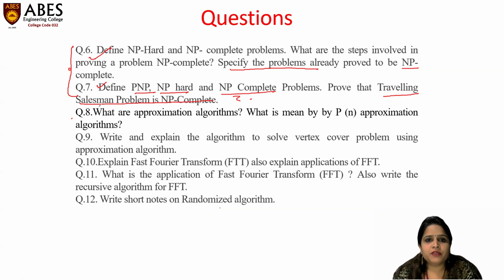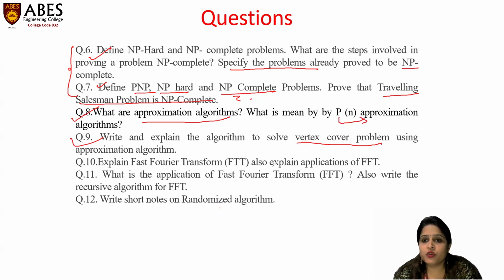After that, question number 8, which is based on the concept of approximation algorithm. Similarly, question 9. In questions 8 and 9, first you have to explain the concept of approximation algorithm. After that, with the help of the vertex cover problem, we explain the approximation algorithm. Here we can also use a term rho n. What is rho n?